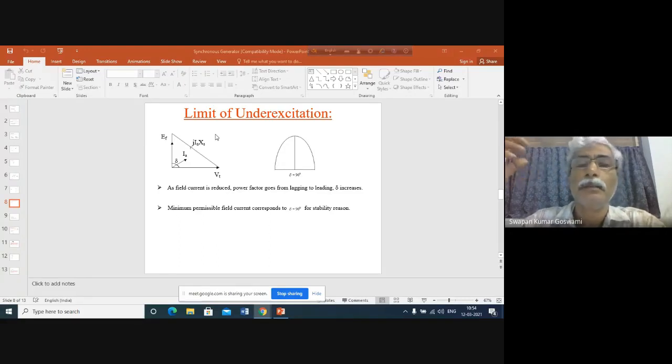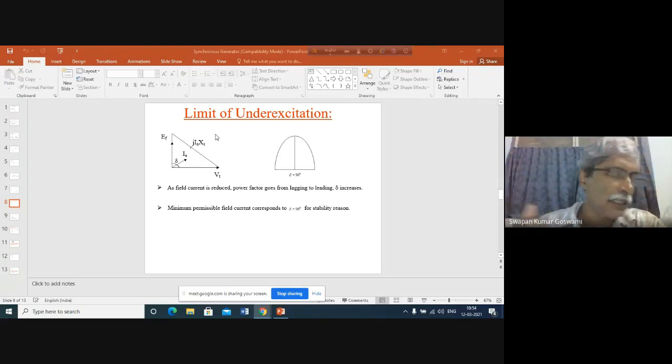Sometimes during operation of generators in a power system, the generators are to be overexcited, and sometimes they are to be underexcited. Now, can you tell me when generators in a power system are to be overexcited in general, and when they are to be underexcited?